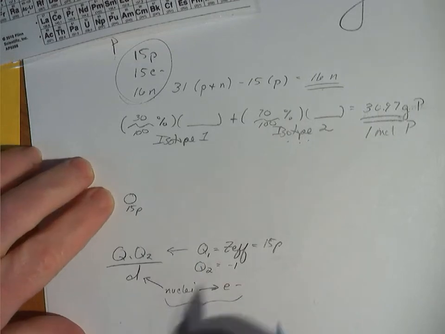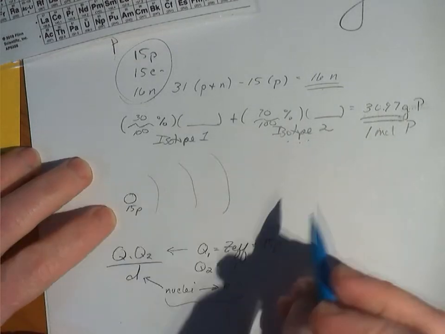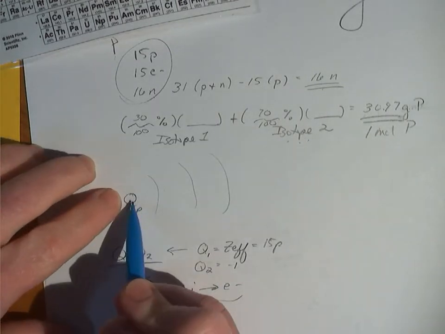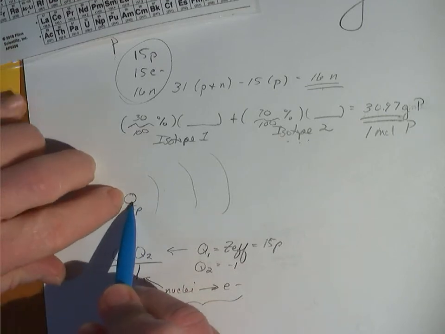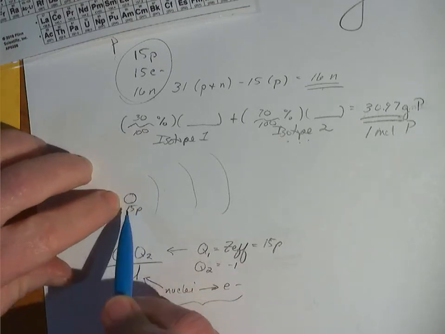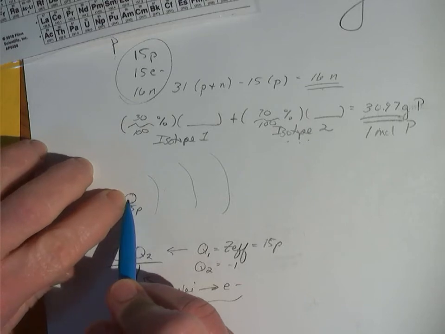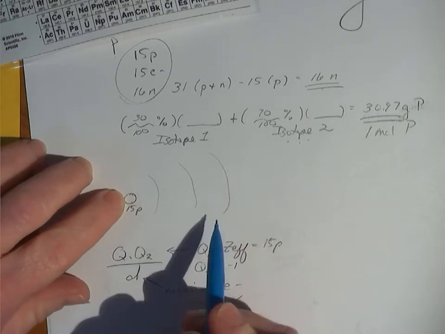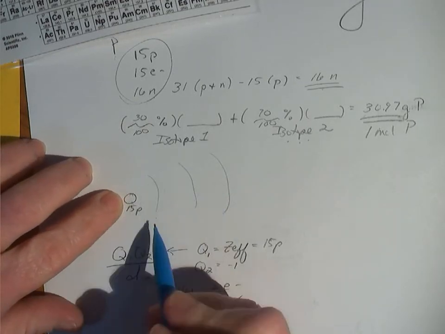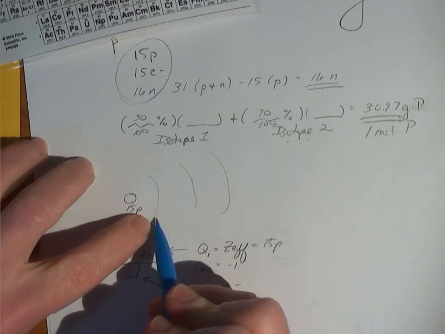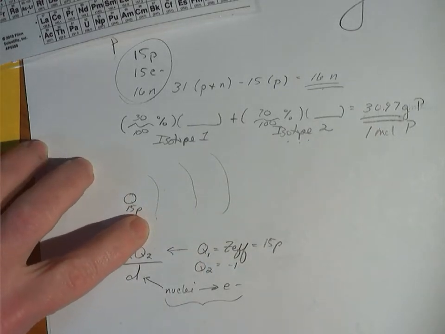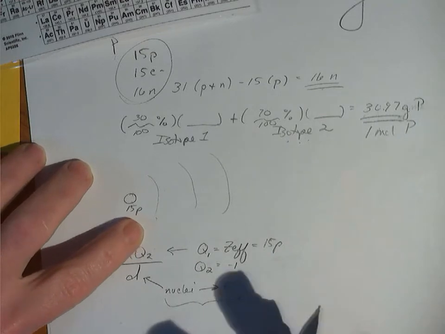So let's talk about the electron configuration of phosphorus. Now that is a ridiculous over-exaggeration of the size of the nucleus, we know that. But we know that there are layers of electrons, energy levels, and that energy levels are made of sublevels. Sublevels are made of orbitals.